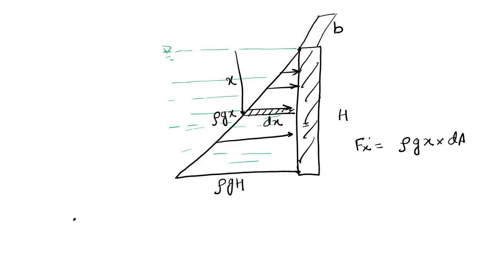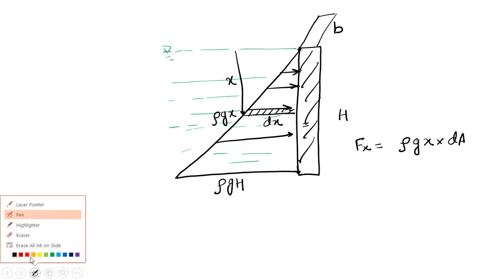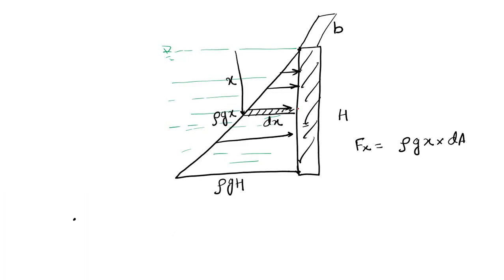What will be the area? I'll show you in red color. So this is the dx amount, right? So this is the height, right? So if I take a side view, then it will be like this, right? This is dx and it will be b. So what is dA? dA is nothing but b into dx, right?